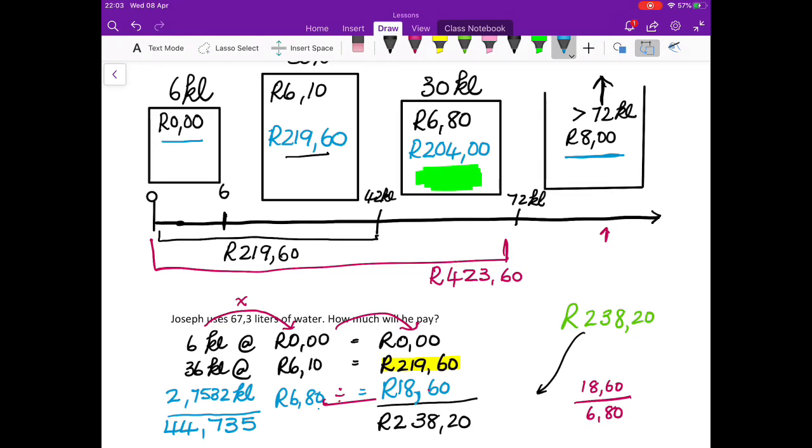So for 238 Rand 20, we will get 44,735 kiloliters of water. I'm hoping that you now understand why we have to do the 6 kiloliters. It didn't have any effect when we worked out the cost of the water, but it certainly has an effect on the total when we are finding how much water he used. In other words, what the water consumption was.